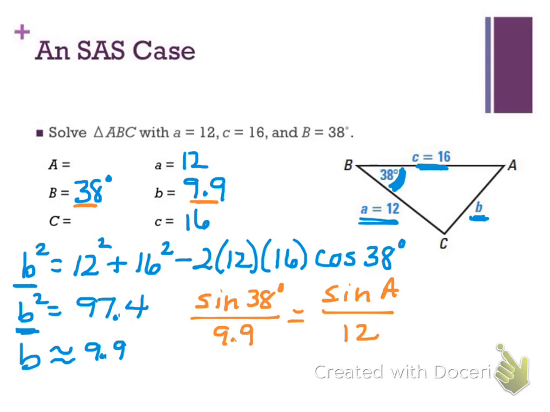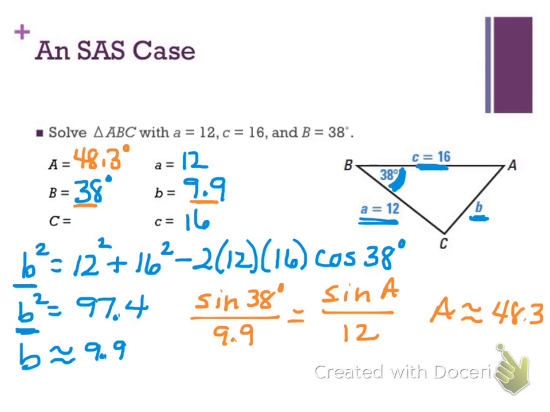And so now going back to what you did last lesson, we cross multiply, we take the inverse sine, and we end up with an angle A that is approximately 48.3 degrees. So now we can put that in for angle A, 48.3.